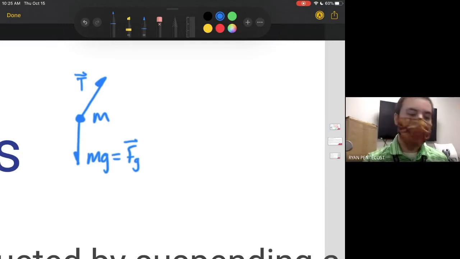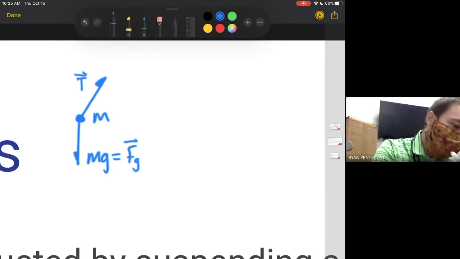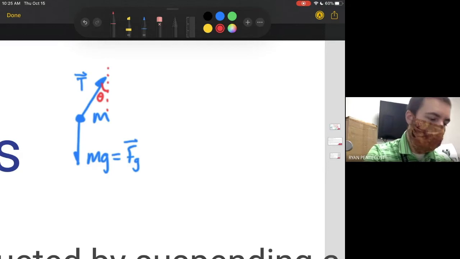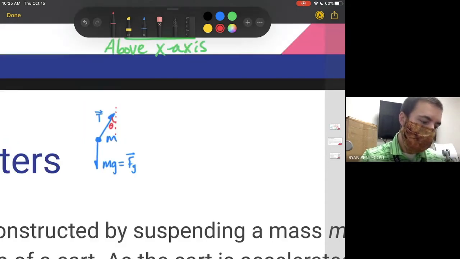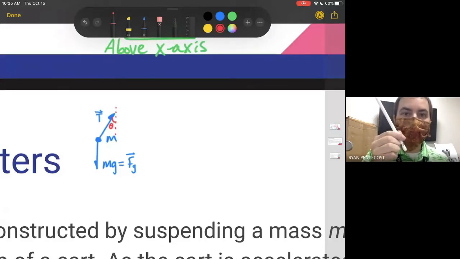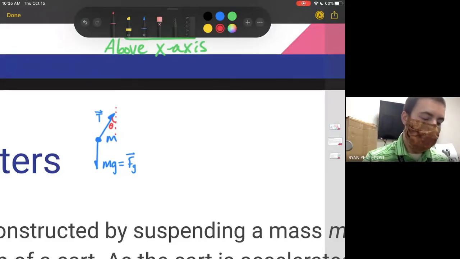So that's the angle we're worried about. Theta will be from the vertical, okay? Now, those are the two forces that are acting on this. mg wants to pull it down, and the only other thing acting on it is the string, right, of length L, and that is the tension off at an angle.